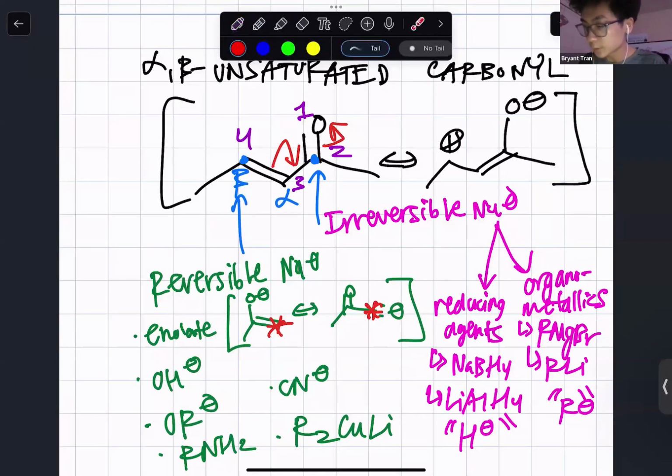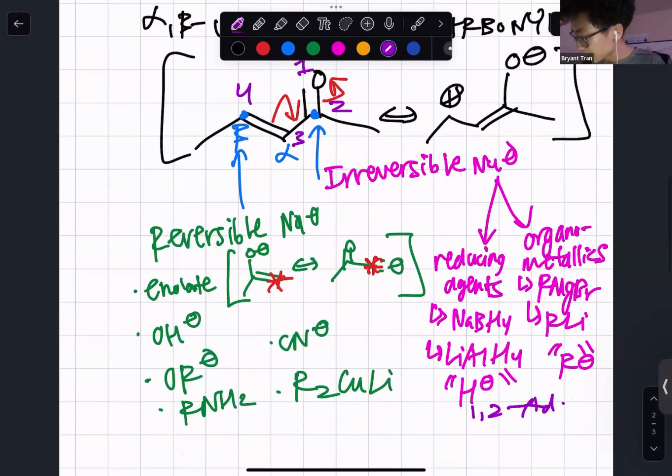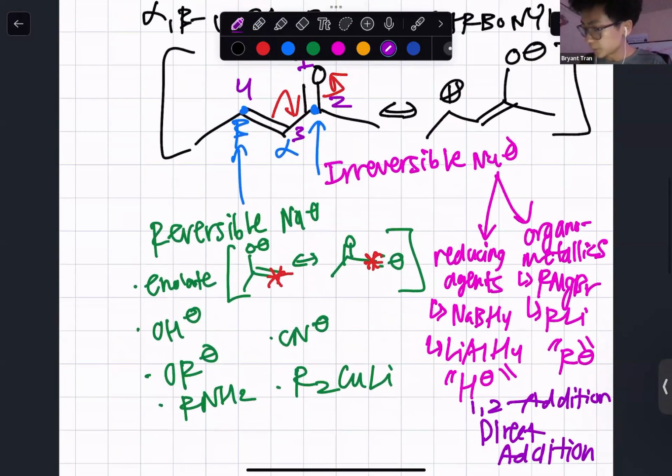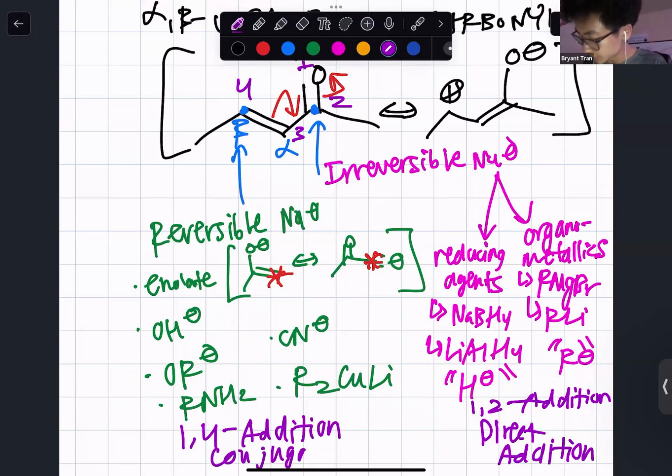So when you attack the carbonyl carbon, that's a 1,2 addition, also known as a direct addition. When you attack the beta carbon, the 4th position, that's a 1,4 addition, also known as a conjugate addition.